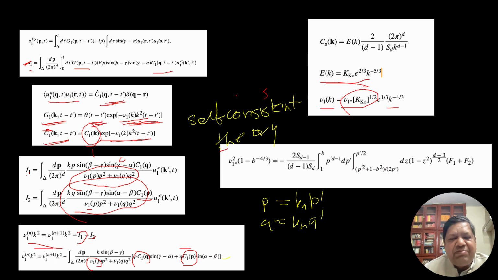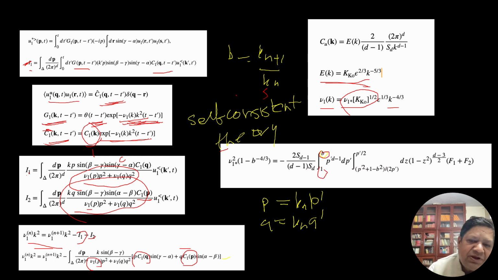See, p is bigger than kn, so p prime is going from 1 to b. So what is b? b is kn plus 1 by kn. So the maximum value p can take is kn plus 1. So p prime can go up to b, right? So p goes from 1 to b.